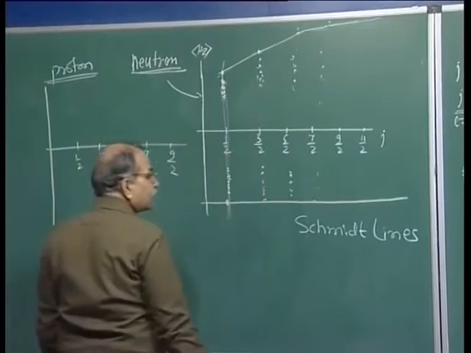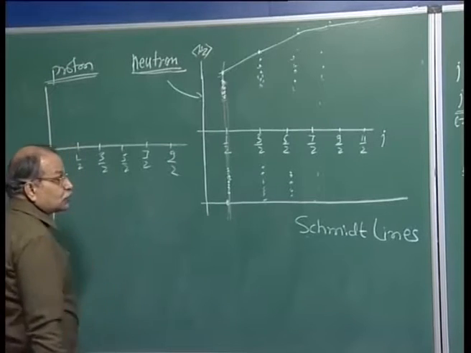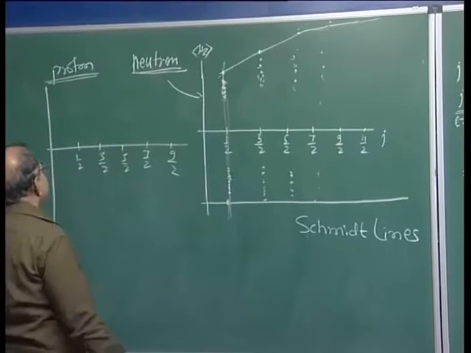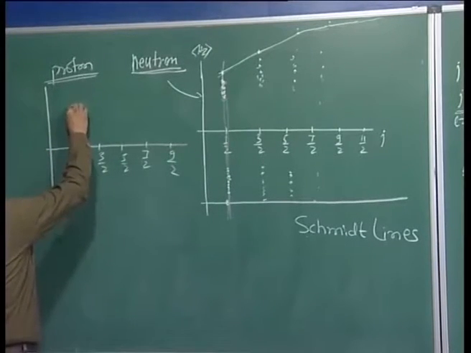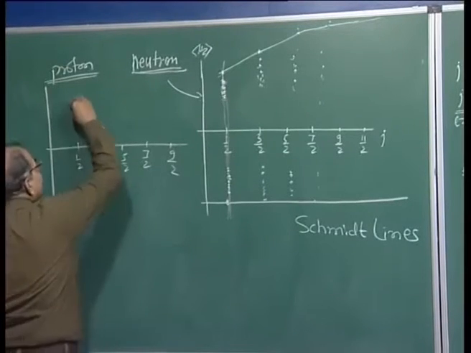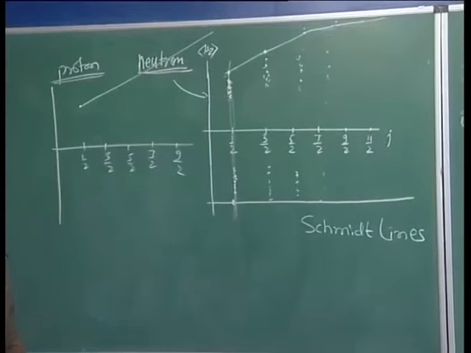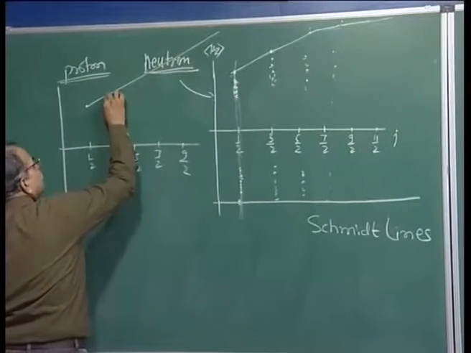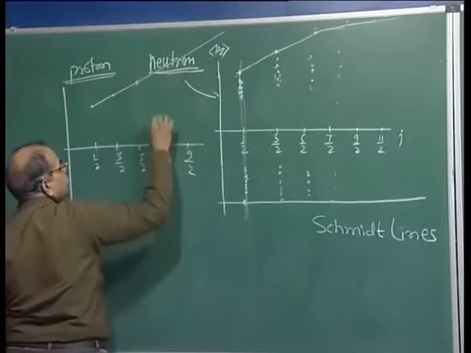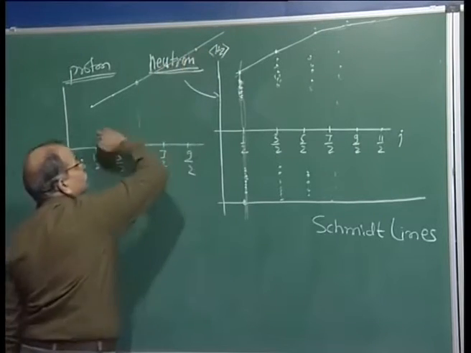So, it will start from this 2.7928, and after that it will keep on increasing. So, you have a point here, then a point here, here and here and so on.